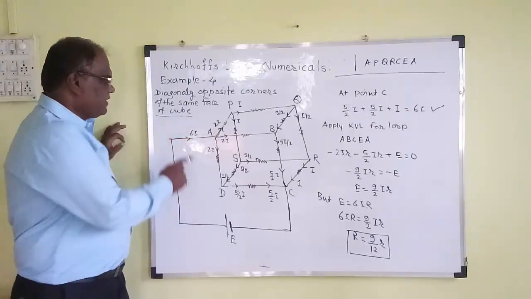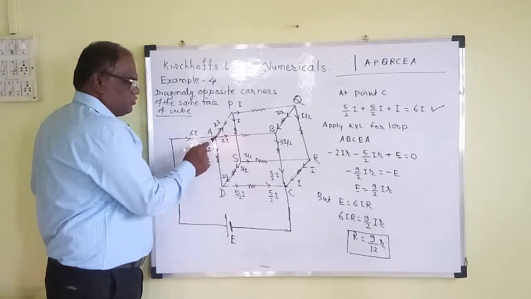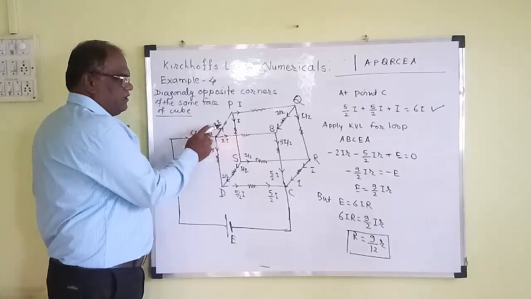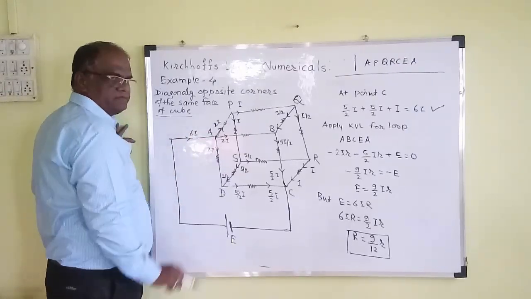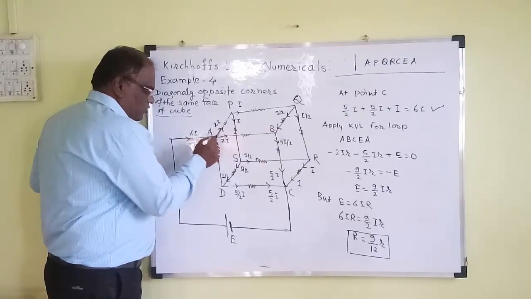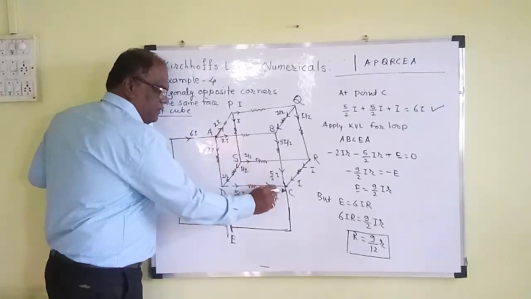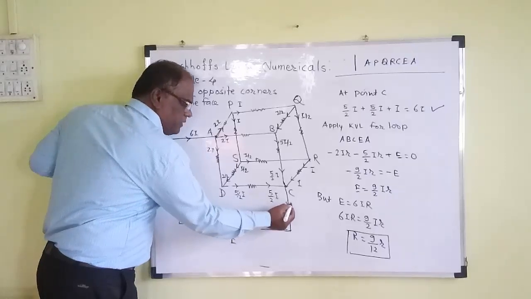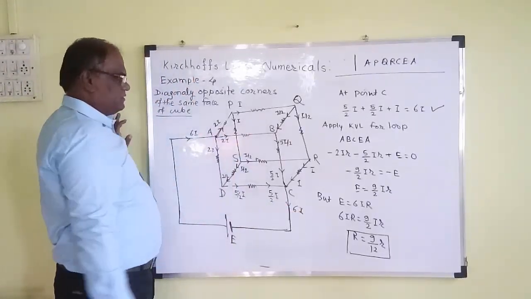See here, when 6I is the total current, at this point A, it is divided equally into 3 branches. That will become 2I, 2I, 2I. Total current entering the cube is 6I, and leaving the cube, it should be 6I. Let us see the distribution.